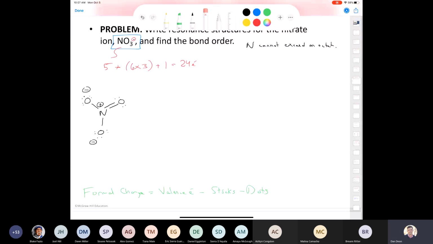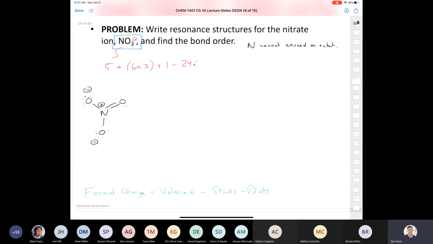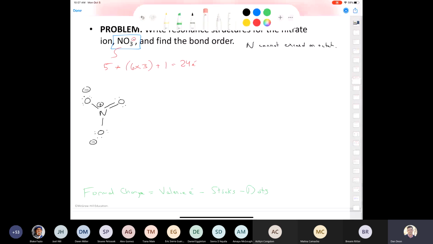Now, what they're asking us to do in the question is to draw all of the resonance structures. Let's do that. We're going to draw a resonance arrow. We're not going to draw a curved arrow showing the movement of the electrons, but you can see that we've got 2 single bonds and a double bond, right? Or at least that's what it looks like in this resonance structure.